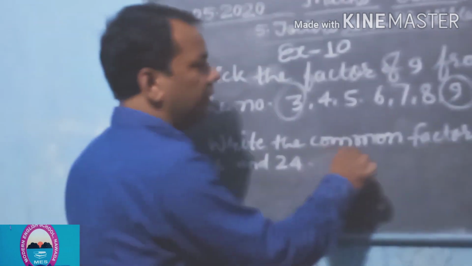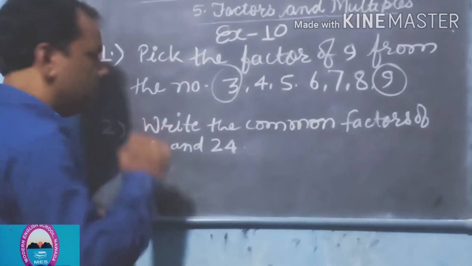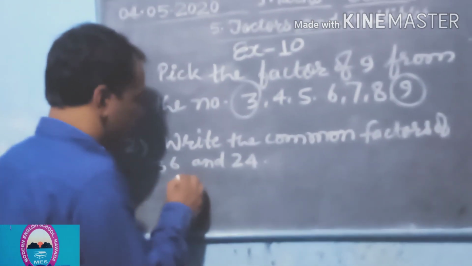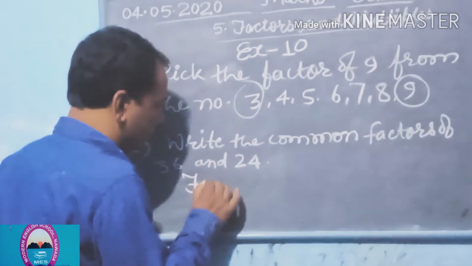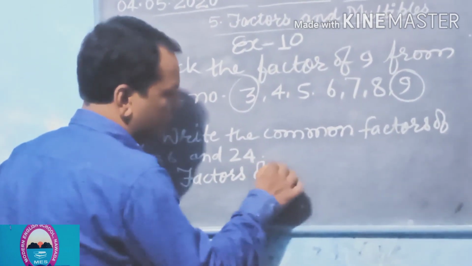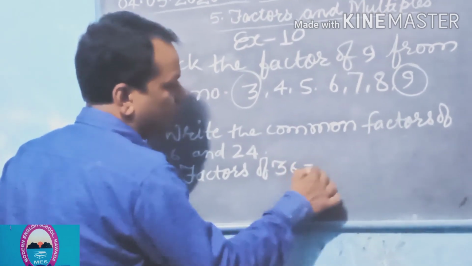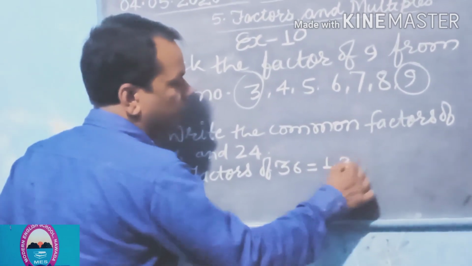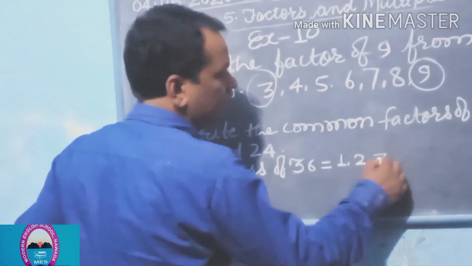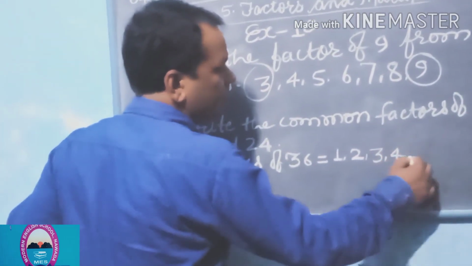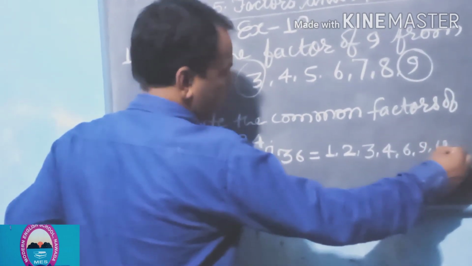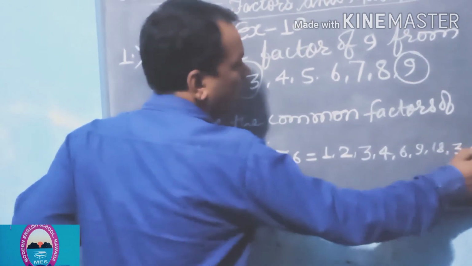Second question, students. Write the common factors of 36 and 24. First we write the factors of 36: 1, because 1 is a factor of every number, then 2, 3, 4, 6, 9, 18 and 36.